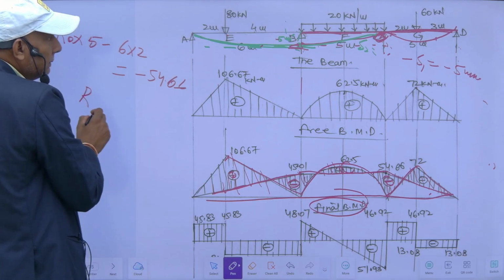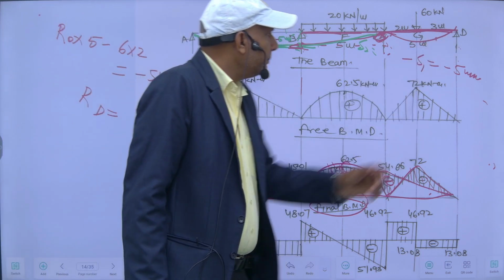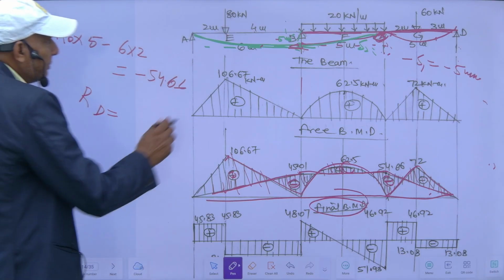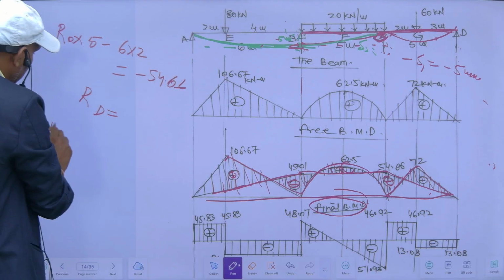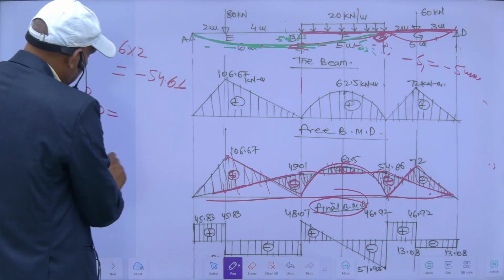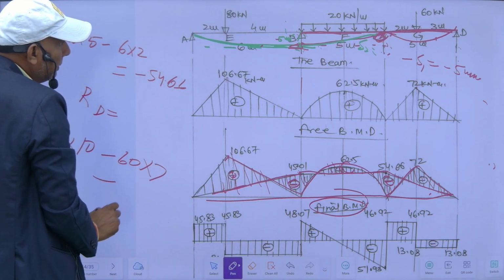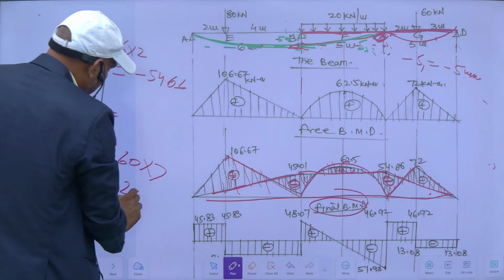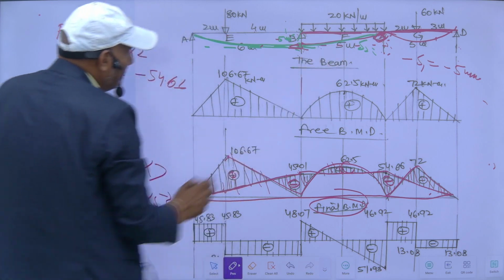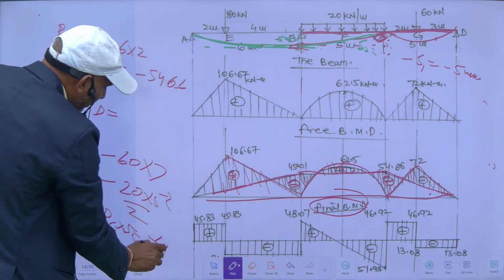So RD will be calculated. Now RC I can find by taking moment about B. So RD into 10, minus 60 into 5 plus 2, 7, minus 20 into 5 square by 2, plus RC into 5 is equal to MB, which is minus 45.01.